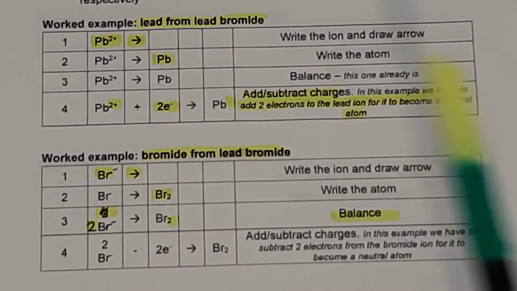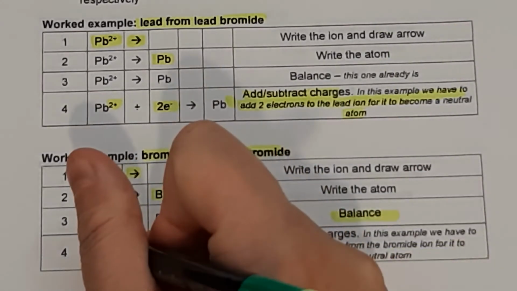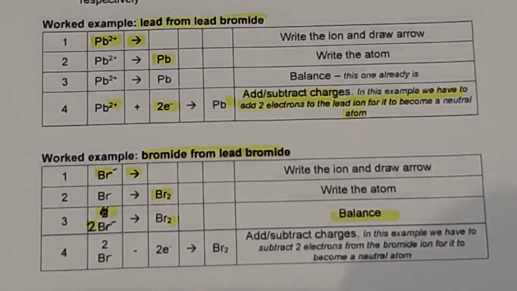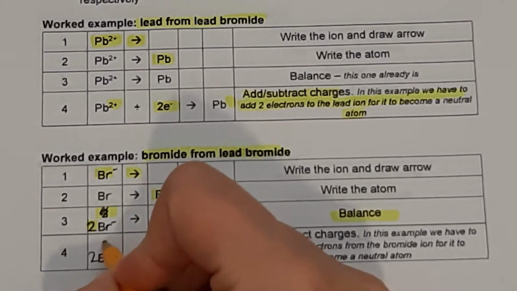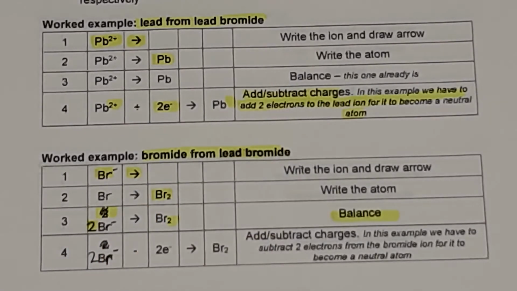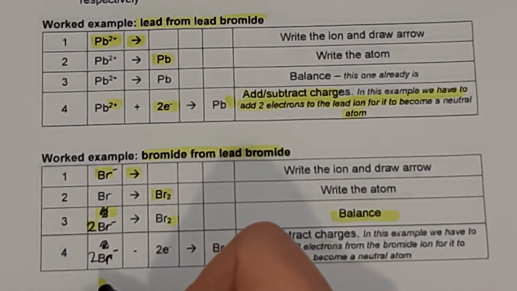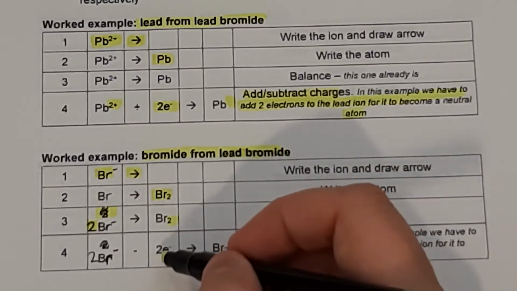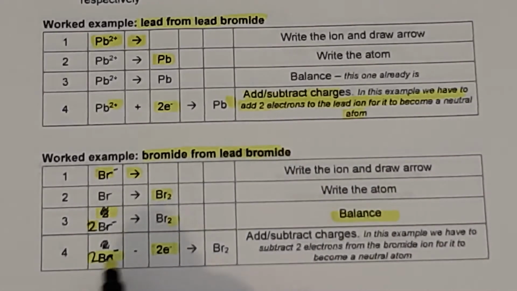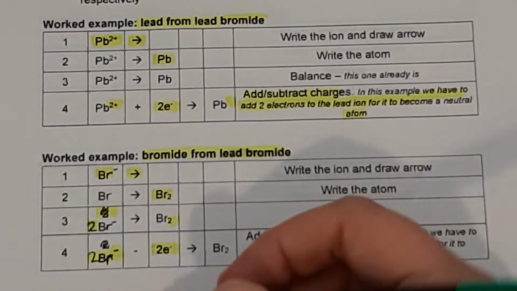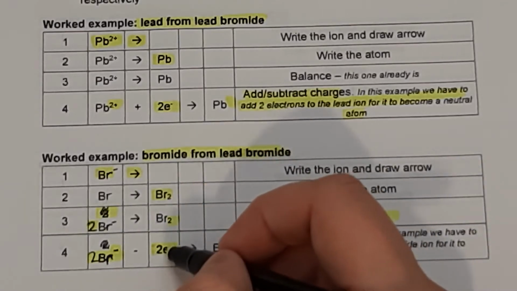Now because we have our 2 bromines, I'm going to do the same thing I've done to the others here, so I'm going to turn that into, there we go, 2 Br-. Now, because this is a negative charge and we can only add or take away electrons, we've got 2 negative charges because each one is just 1 negative, and we've got 2 electrons which are also negative.